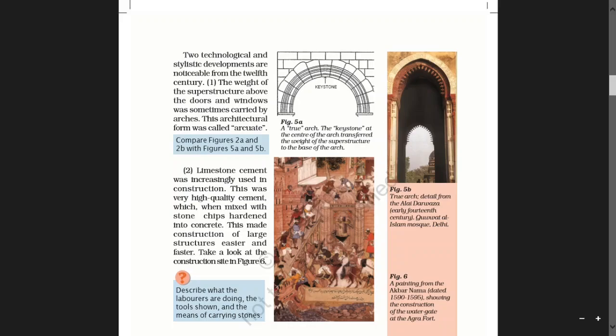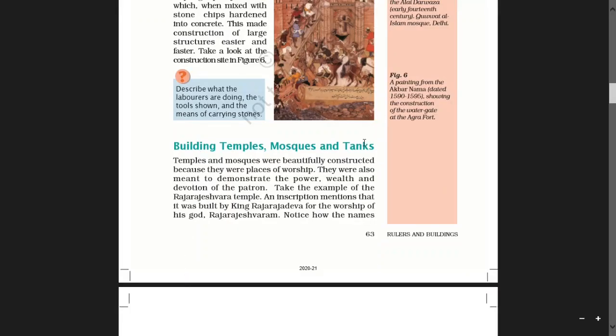Building temples, mosques and tanks. Temples and mosques were beautifully constructed because they were places of worship. See, temples and mosques.